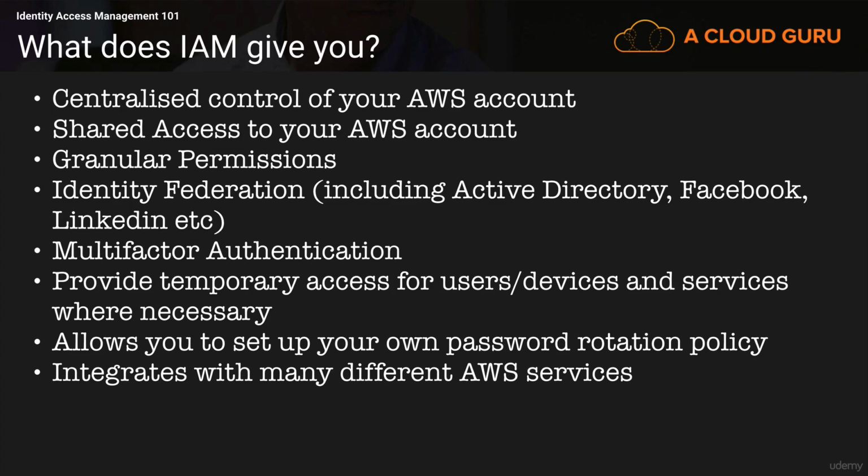We have to give Lambda the ability to talk to S3. We won't cover that too much in the course in terms of Lambda, but where we do use this a lot is with EC2. So when we provision a virtual machine, and that's basically what EC2 is, we have to give that virtual machine a role in order for it to talk to other AWS services. And don't worry, we'll cover that off in a couple of more sections in the course.